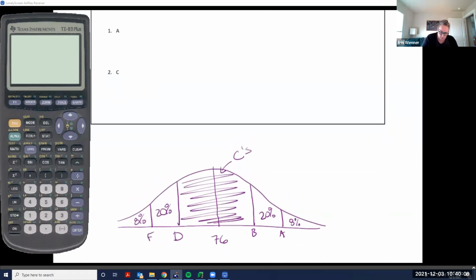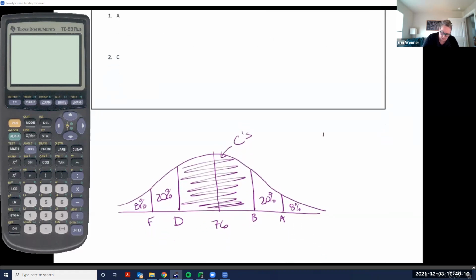So if we think about what the C's are, well, if we take 100% minus the sum of the two sides, 8 and 8 is 16, 20 and 20 is 40. So we're going to minus 56%. Which gives us 44%. So 44% of the data is going to live in here.